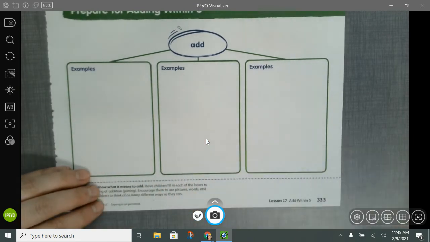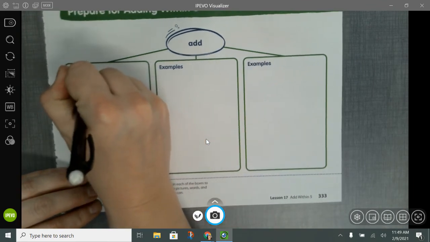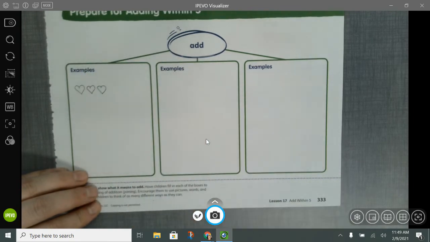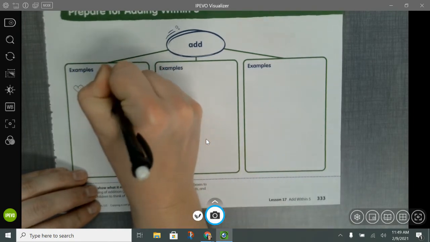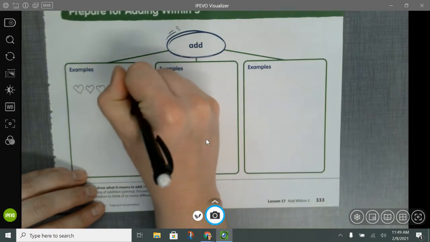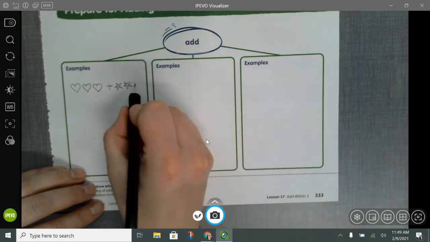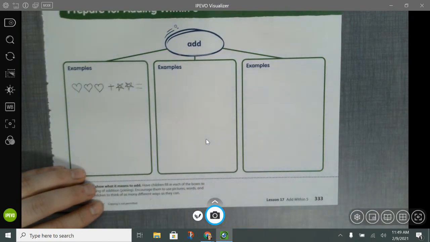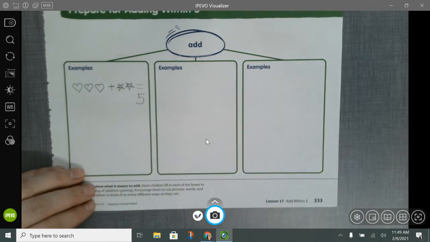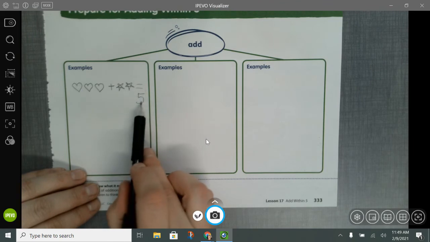Okay, so I could say 3 hearts plus 2 stars equals 5. 3 plus 2 equals 5.